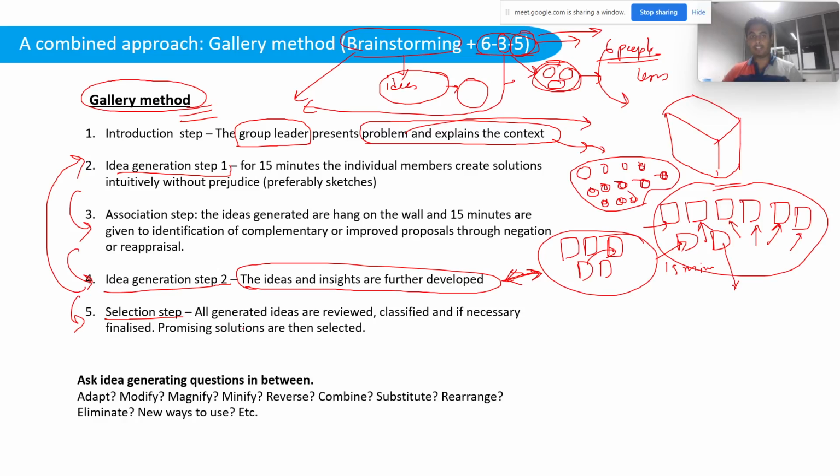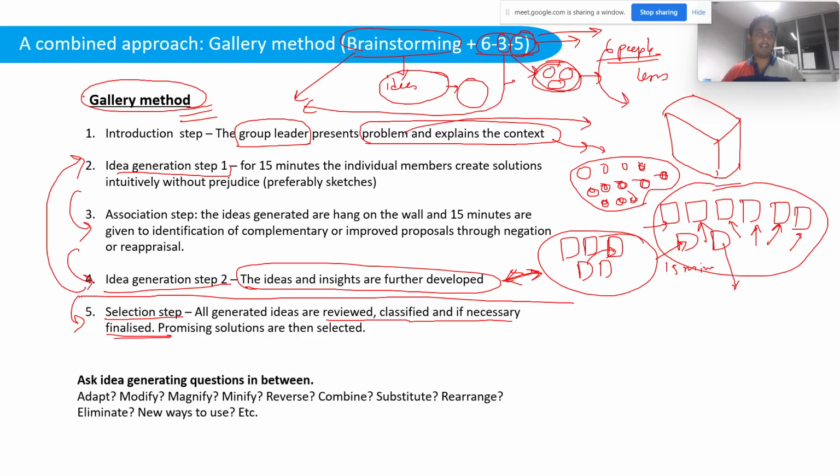So in between steps 4 and 5, there can be a break, some sort of tea break, and then the team leader arranges a selection step process, where all the ideas that were generated are reviewed and classified, and if necessary, finalized by the reviewers based on a collective decision making.